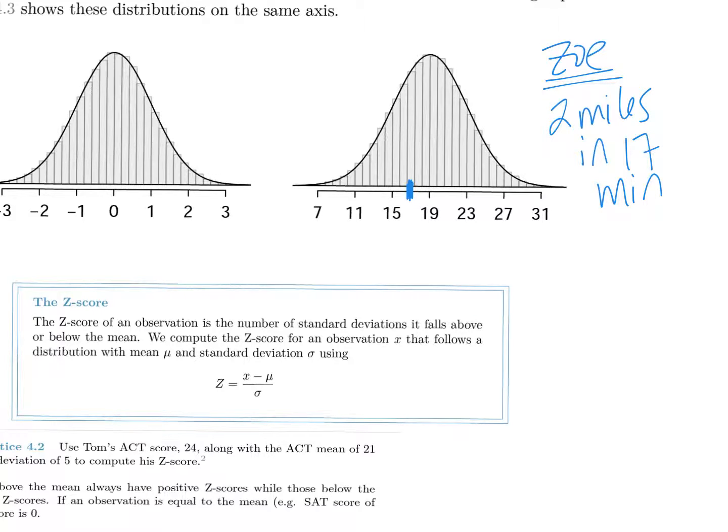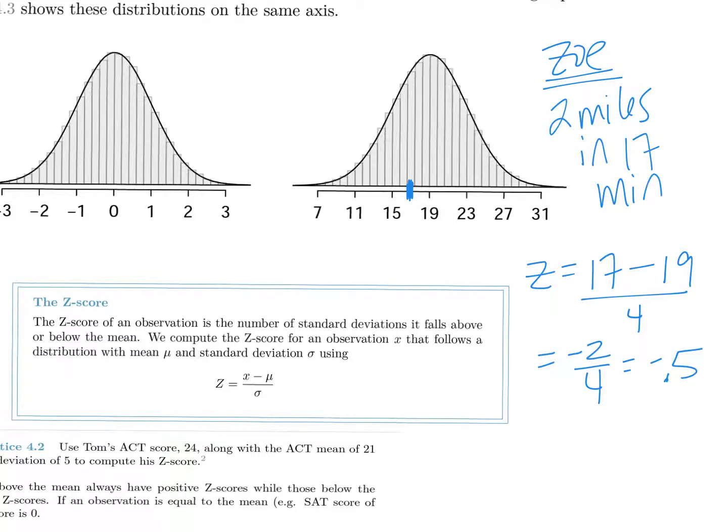But for example, to kind of put some real-life application into this, to calculate Zoe's z-score, and it just happens that her first name starts with a z as well, I'm going to take her score, which was 17, and subtract the mean, which is 19, and divide by the standard deviation, which is 4. And so Zoe's z-score is going to be negative 2 over 4, which is negative 0.5. And so the fact that her z-score is negative means that it falls below the mean.